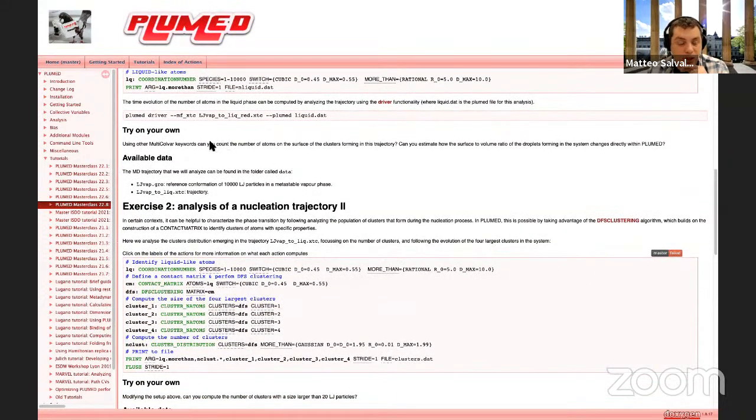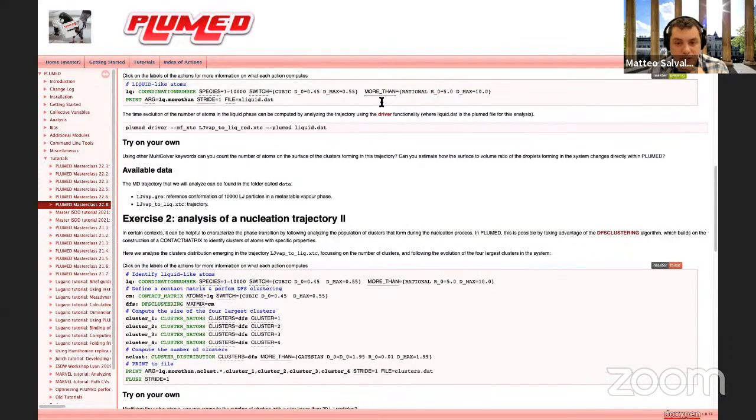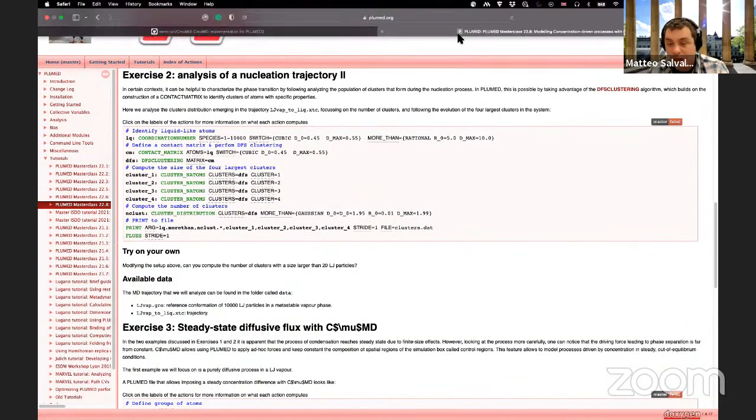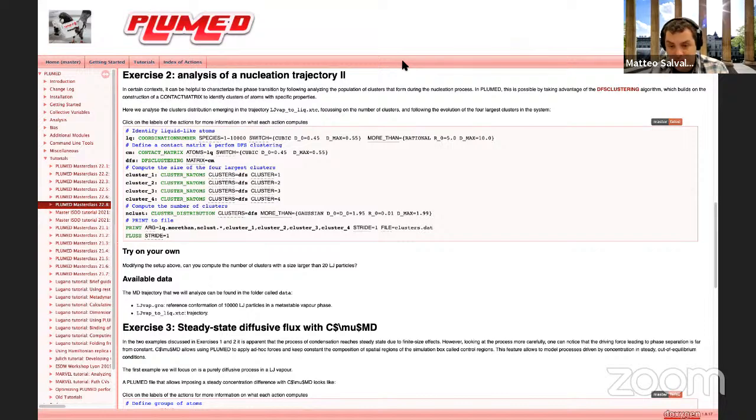So here, for example, what I'm suggesting is whether, using similar ideas, you can classify all the atoms that are on the surface of these clusters, and whether one could directly estimate in PLUMED how the surface to volume ratio of these droplets goes as the system goes along. Now, the second exercise is inspired by the work that Aaron did on these clusters close to graphite interfaces, but is still based on the trajectory that you've seen.